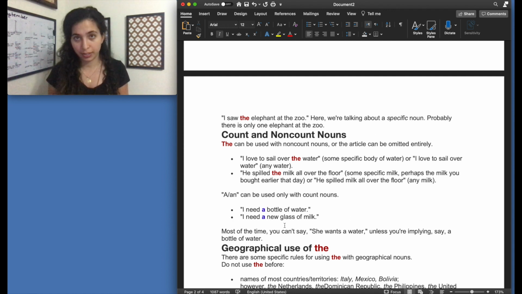A cannot. A or an means one, okay? So if I have one pen, then I can say I have a pen, all right? The can be used with anything. A or an can only be used with count nouns because a and an mean one.